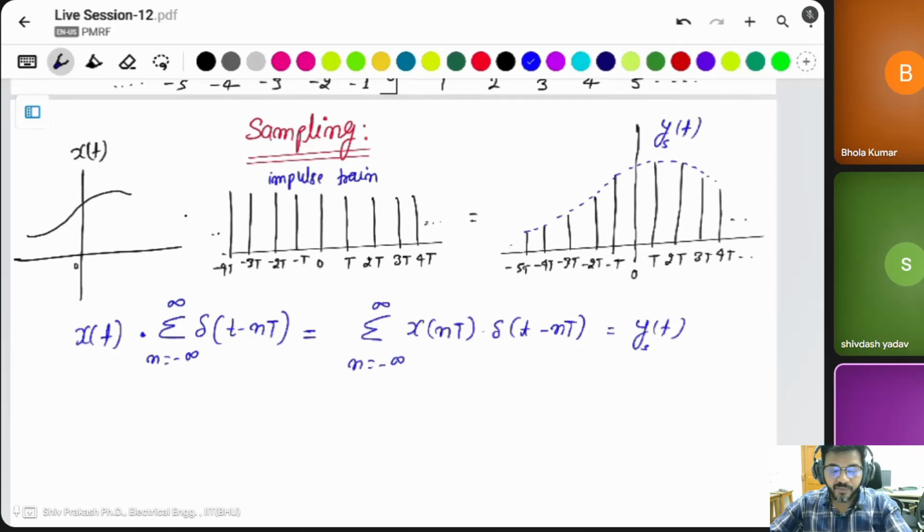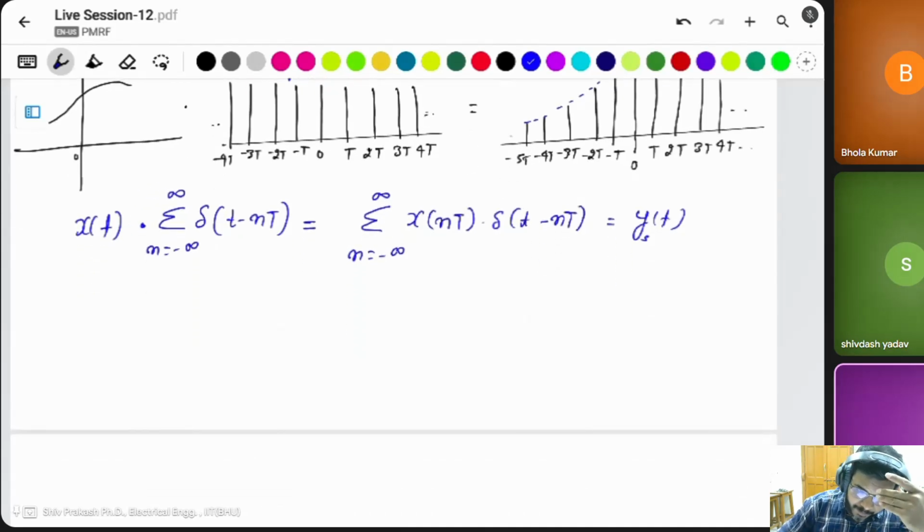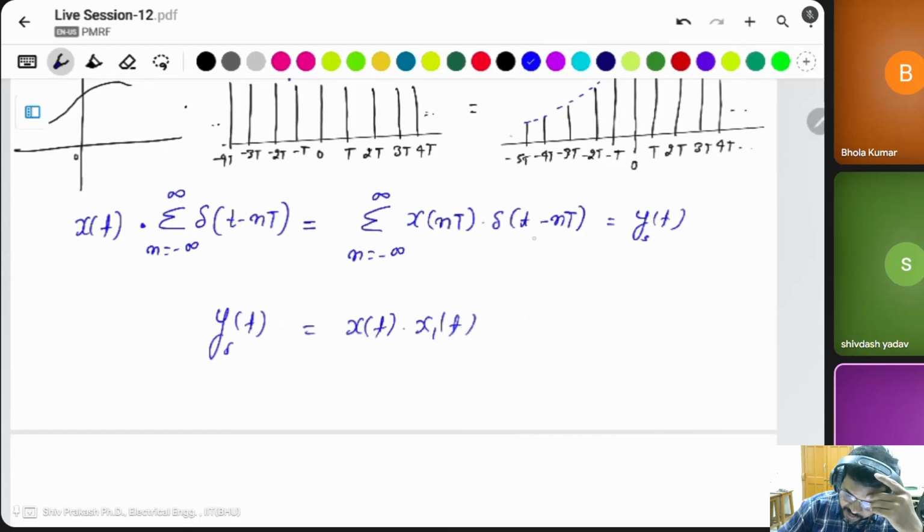Then how can you find the Fourier transform of this type of signal, the sampled signal? The sampled output is written as x(t) into x1(t).